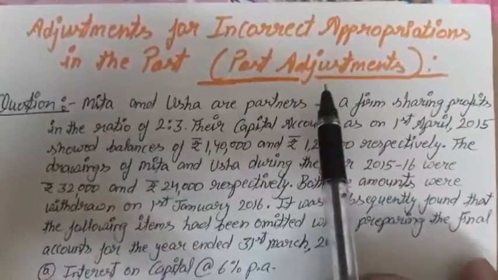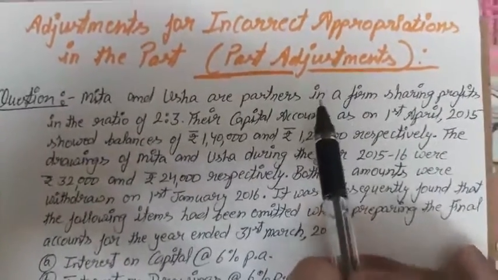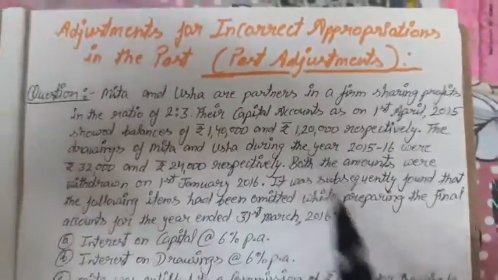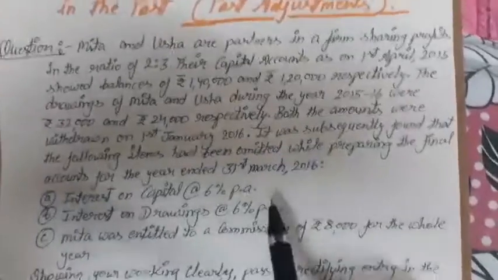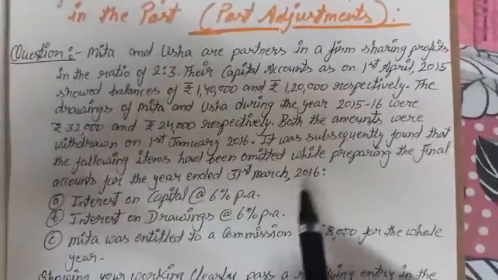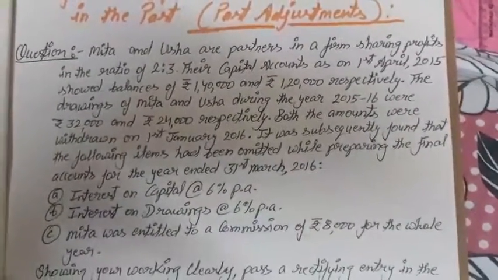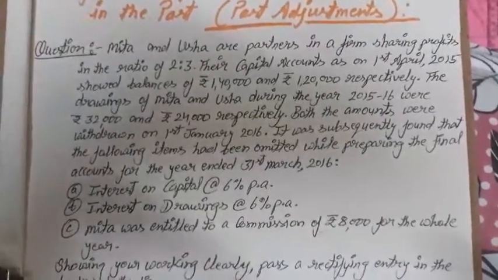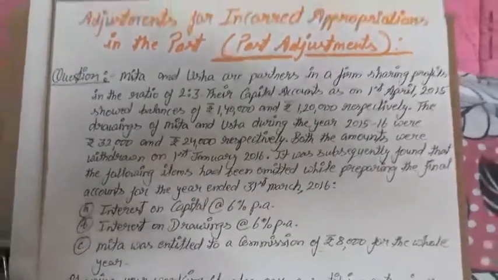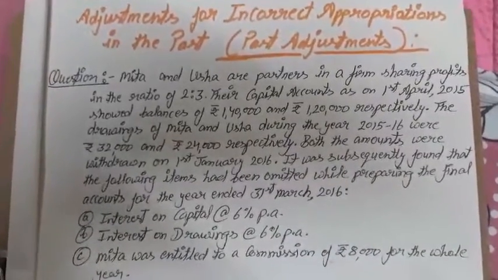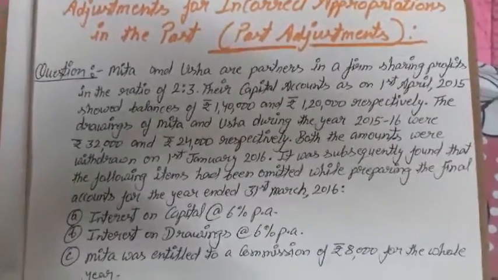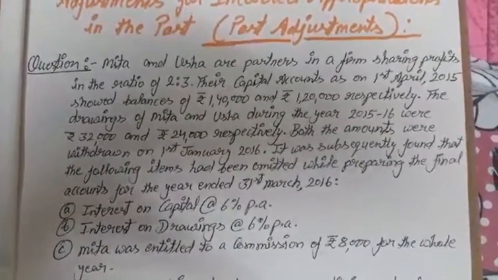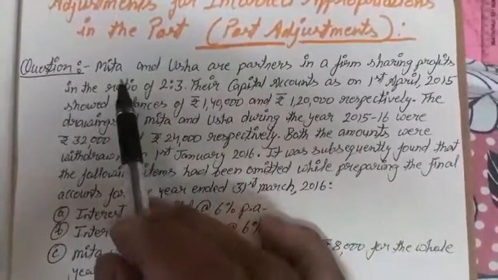With the help of this problem we will try to understand the concept of past adjustment, what format we should use, and how this topic can be made easier to solve. Okay, so now we are starting.